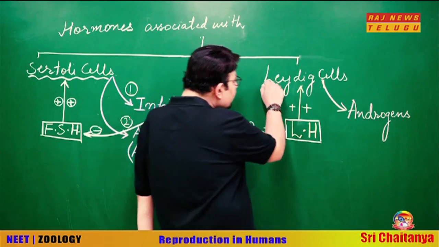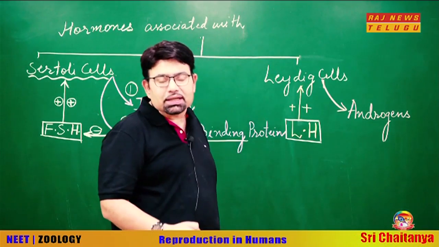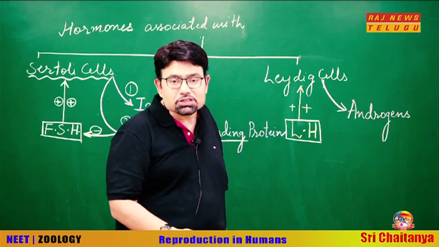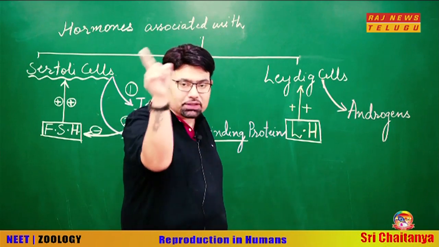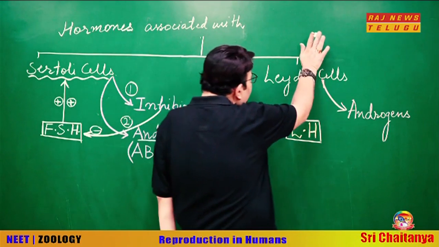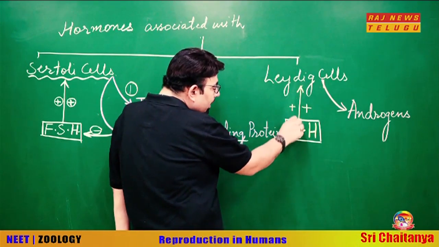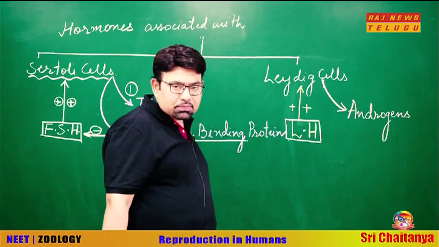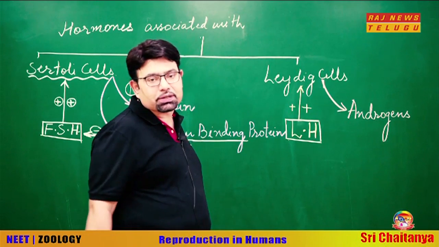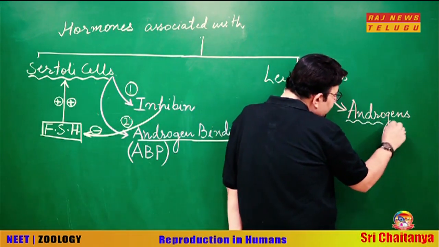Let's now come to the Leydig cells. Recall they are also known as interstitial cells. Why? Because they are present in the interstitium of the testicular lobules. Leydig cells are stimulated by a hormone called LH, luteinizing hormone produced by anterior pituitary, and Leydig cells produce androgens.